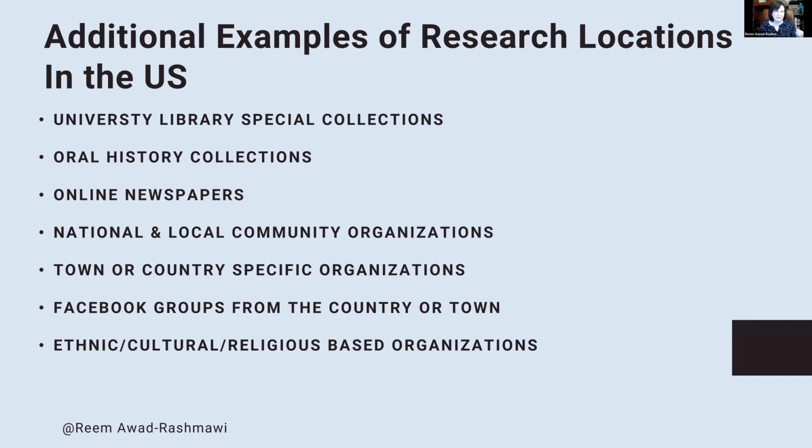Online newspapers, like I said, local community centers. As I said before, the Ramallah Federation has a book and they have a website. The Arab American Heritage Council in Flint, Michigan has an amazing book about people who came there. There's a lot of different ones. Facebook groups.